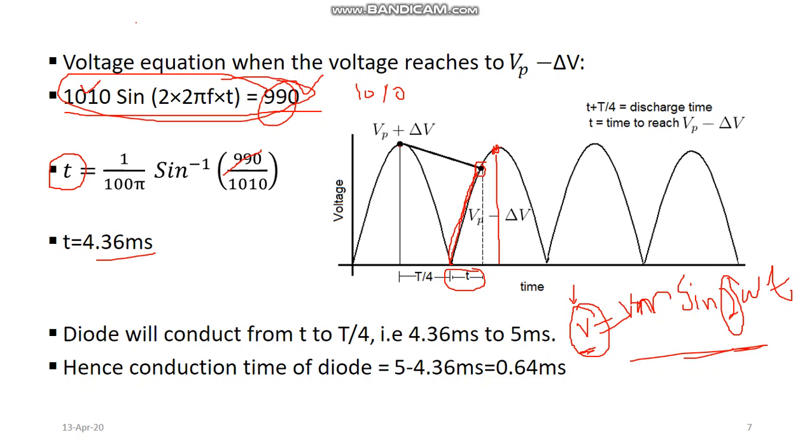So if I put 1010 here and solve this equation, I will get 5 millisecond.